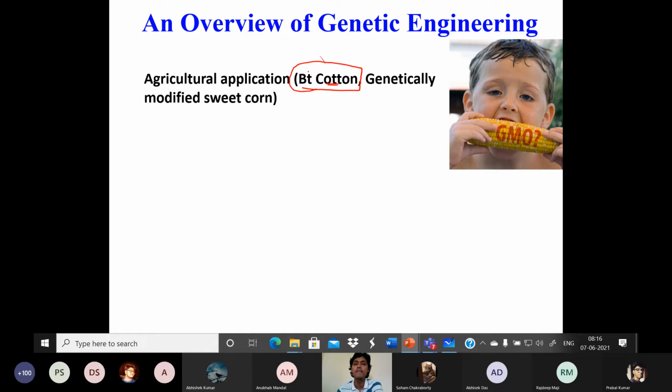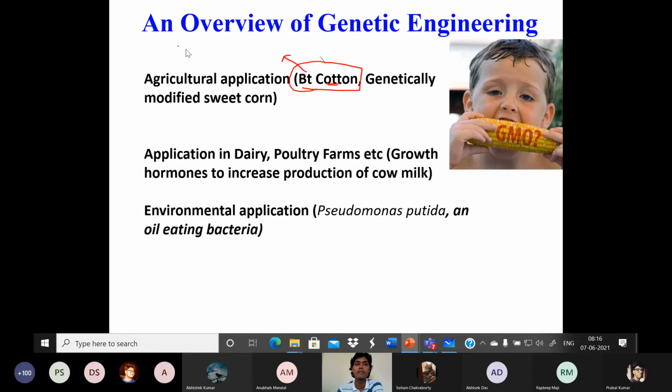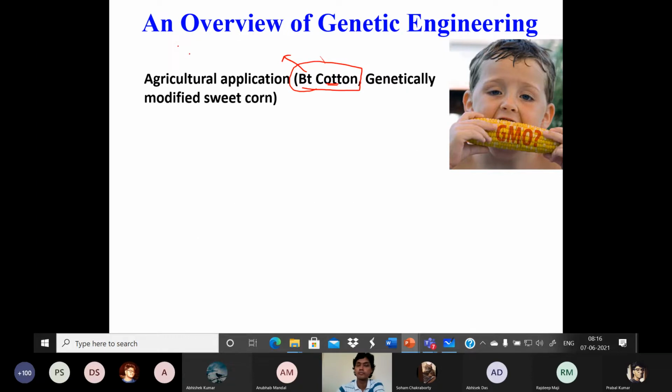Now what happened? BT comes from one bacteria, called Bacillus thuringiensis.